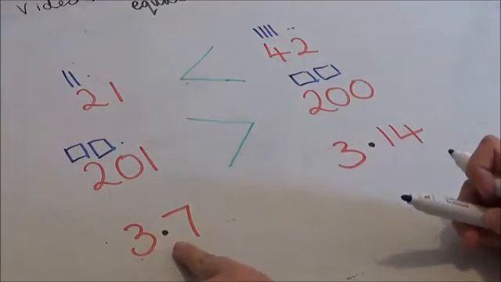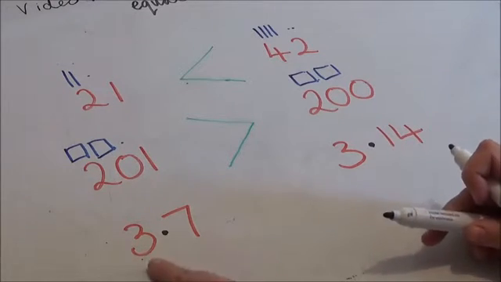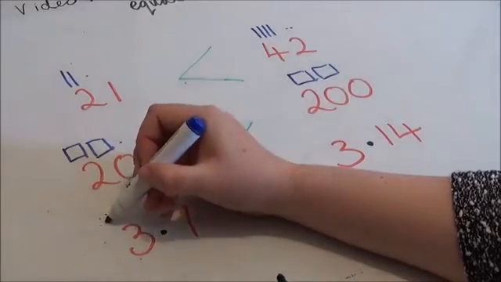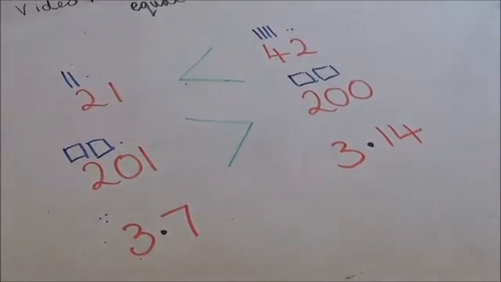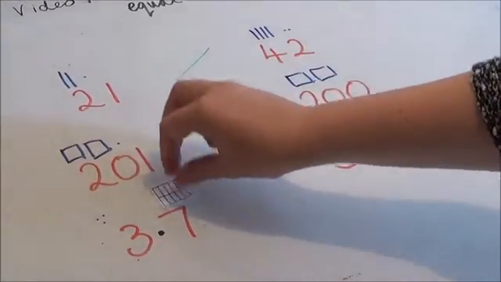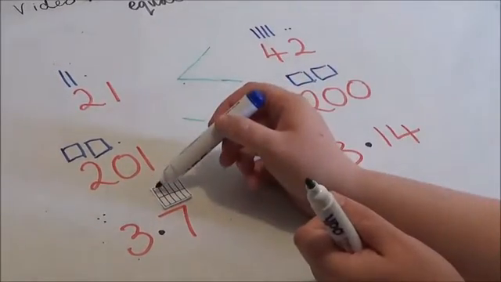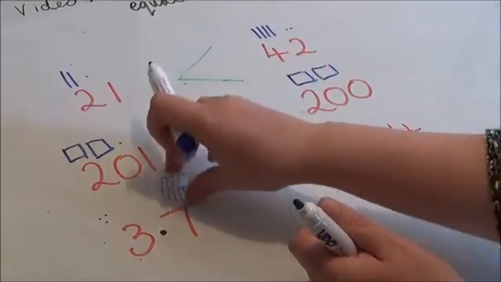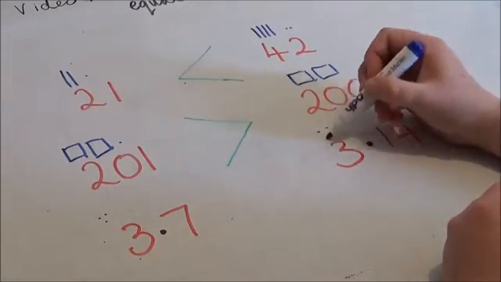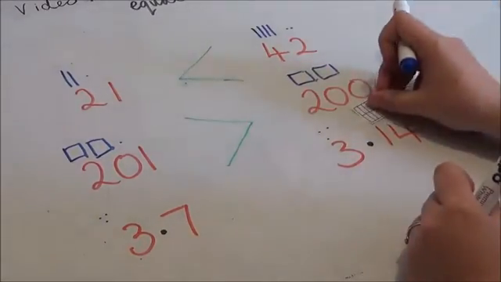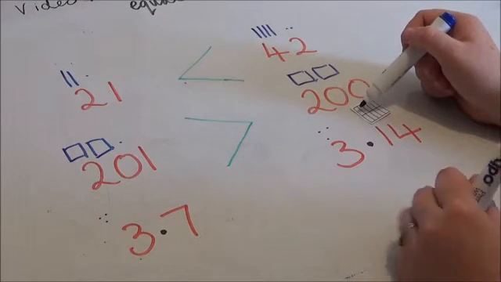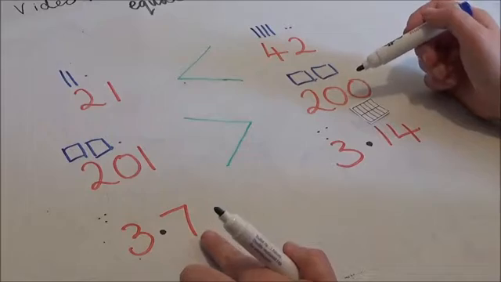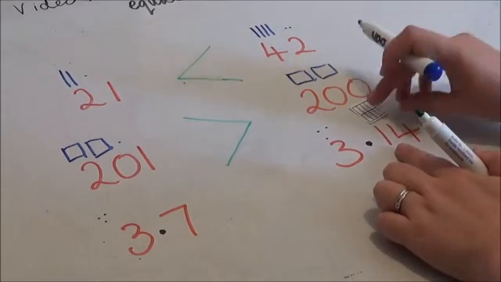Here we've got 3.7. So we've got 3 units. I'm going to get out my magnetised tenths. And 1, 2, 3, 4, 5, 6, 7 tenths. Here, I again have 3 units. I only have one of those tenths. So I know that this number is bigger than this number because this has got 7 tenths and this has only got 1 tenth.